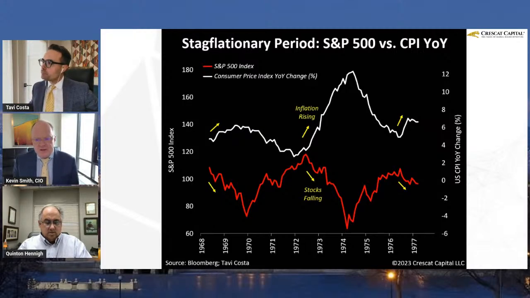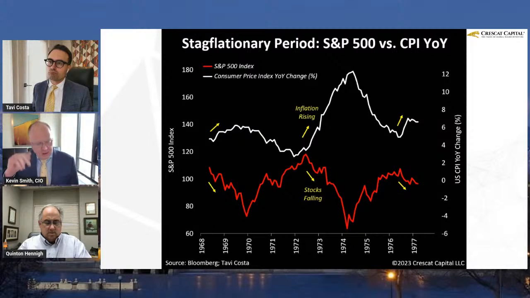When you have rising inflation, a lot of people think inflation's good for stocks. Well, not really. Rising inflation causes shrinking PE multiples because the cost of capital is rising.